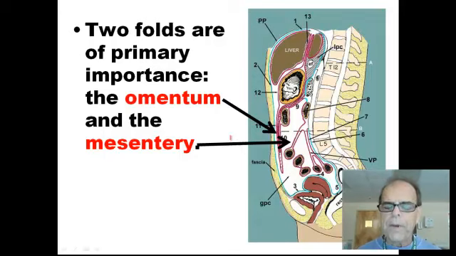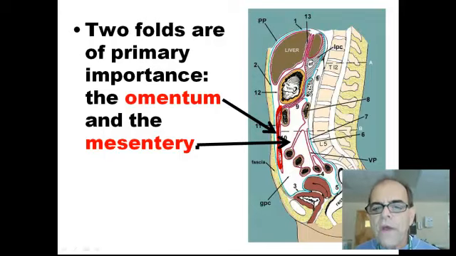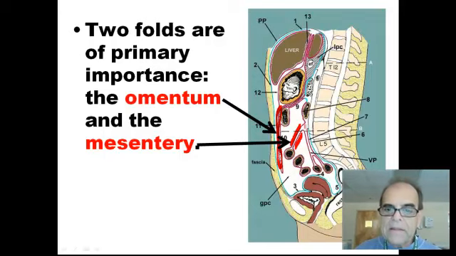Two folds are of primary importance in the peritoneum. One is called the omentum and the other is called the mesentery. The omentum is like an apron that has circulatory and antibacterial defense functions, and the mesentery anchors the organs like the bowel, and also is the part that the vessels, the arteries and the veins coming from the organ, go through.